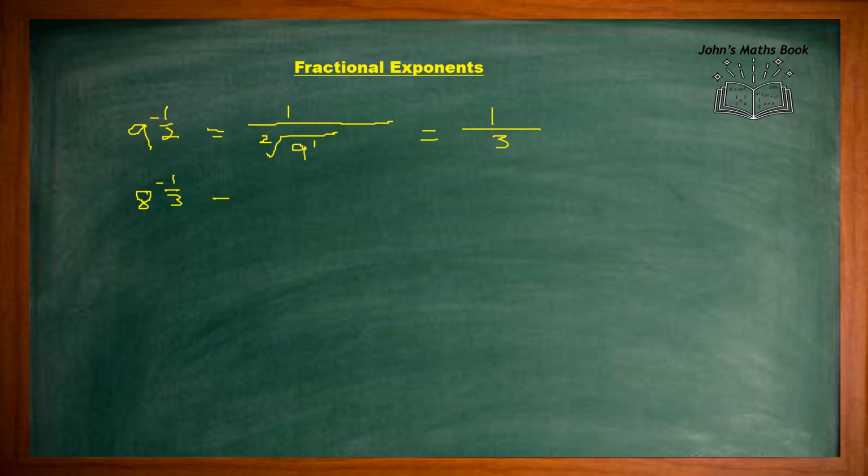So now let's look at, for our next example, 8 to the power of minus 1/3. So this says find the third root of 8 to the power of 1. And as it's a negative exponent, we need to have 1 divided by that.